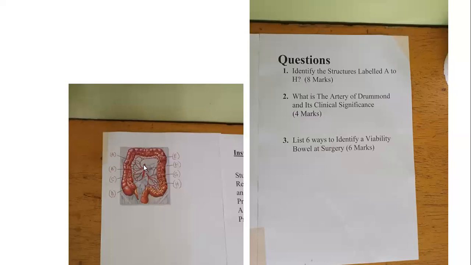The B will be the right colic artery, and the C will be the ileocolic artery. The D will be the inferior mesenteric artery. The E will be the marginal artery of Drummond. The F will be the superior mesenteric artery. The G will be the left colic artery, and the H will be the sigmoidal artery.